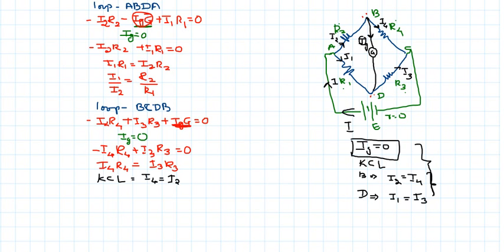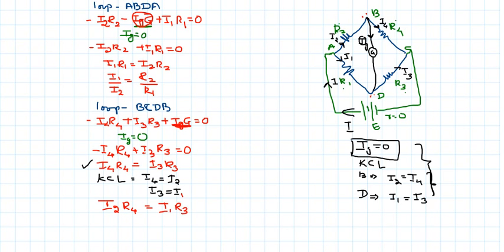Similarly, I3 is equal to what can I write? It is equal to I1. Substitute in the above equation. Then I4 becomes I2, so I2 into R4 is equal to I3, which now becomes I1 into R3.